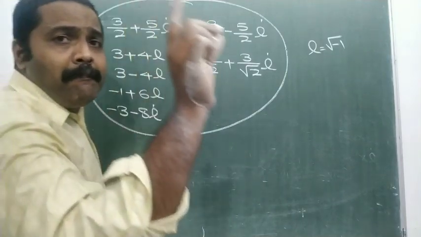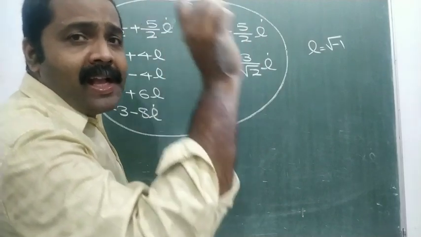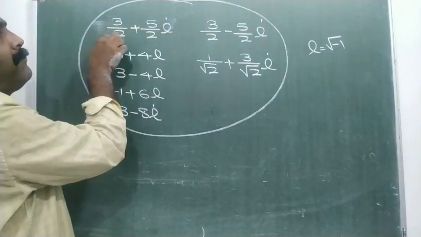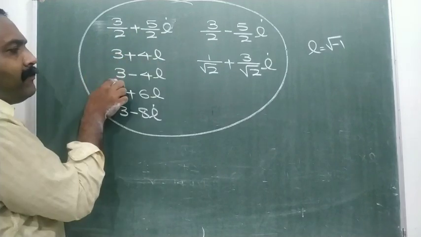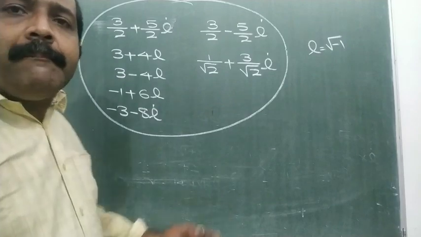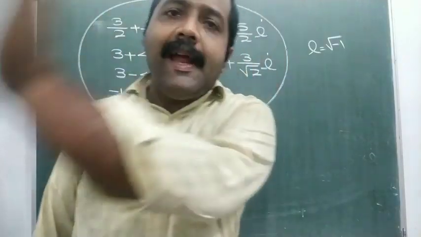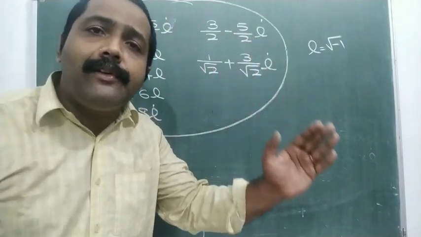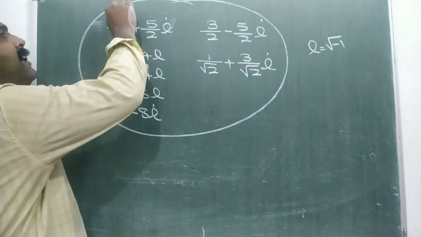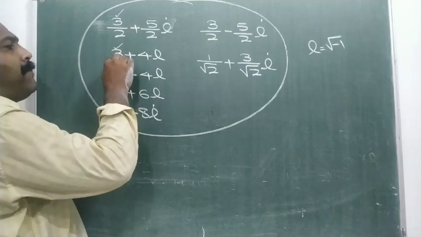The complex number or imaginary number contains two terms. The first term is a real number.